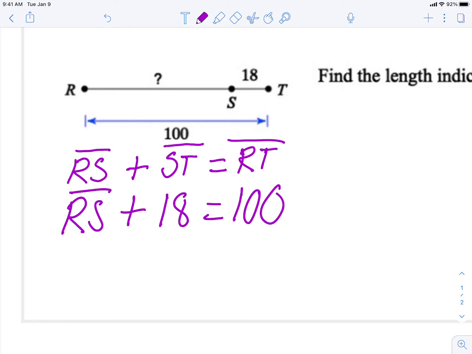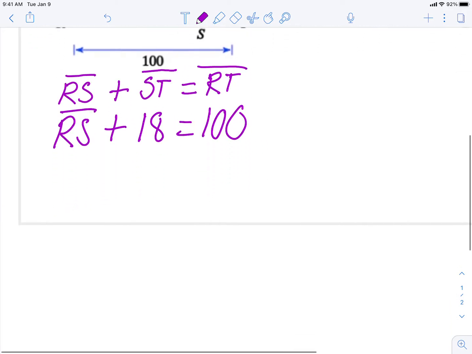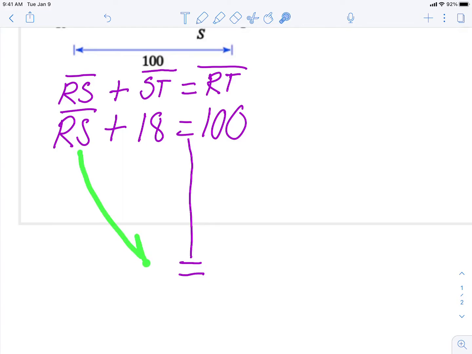So now that looks like a regular one-step equation that we've been working on, right? I draw my line of separation and my equal sign. This RS is going to come down by itself because that's what I'm looking for. And this 18 is going to come over as minus 18.